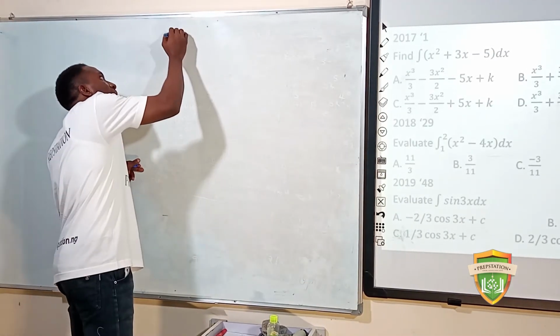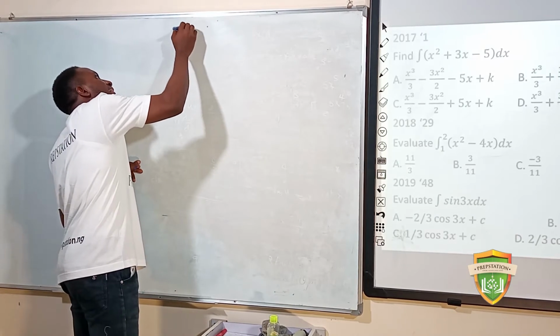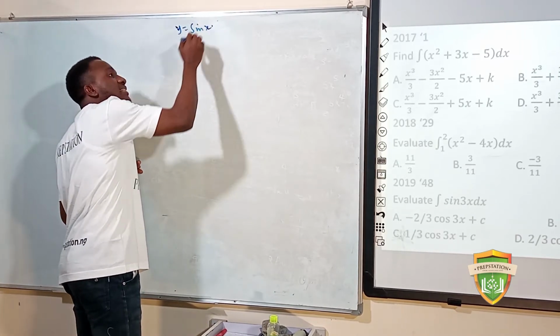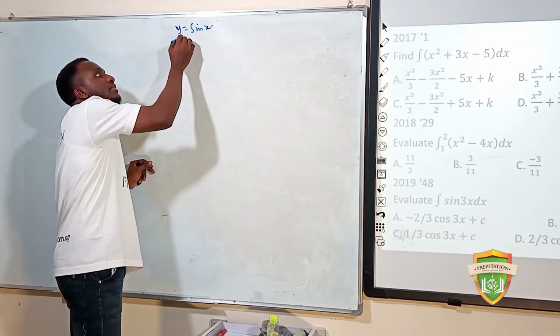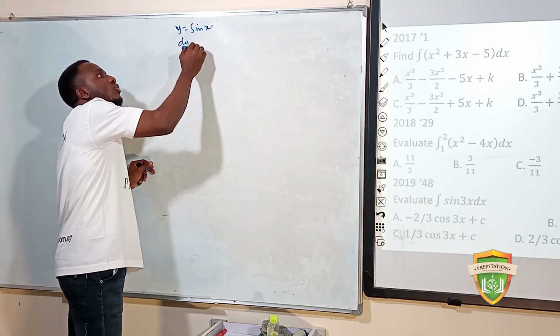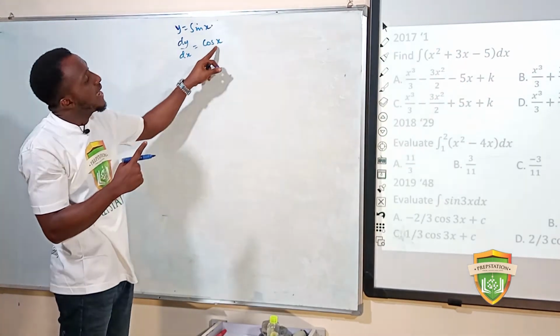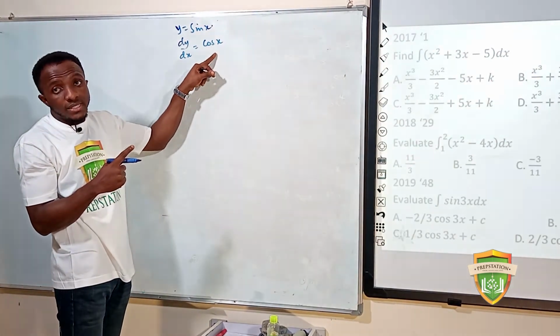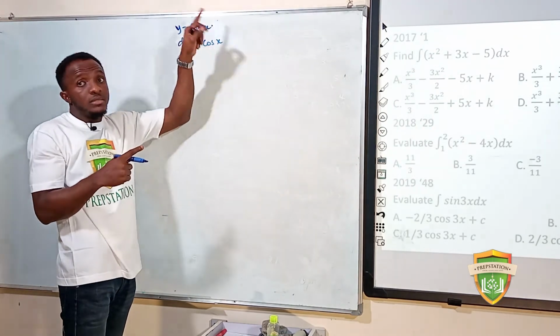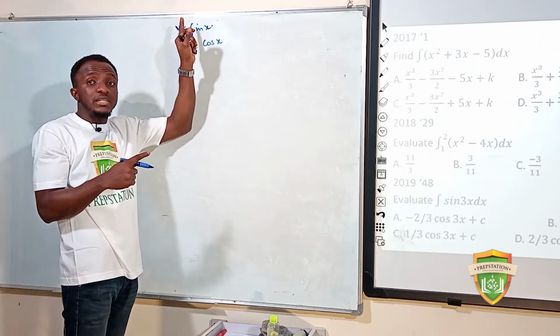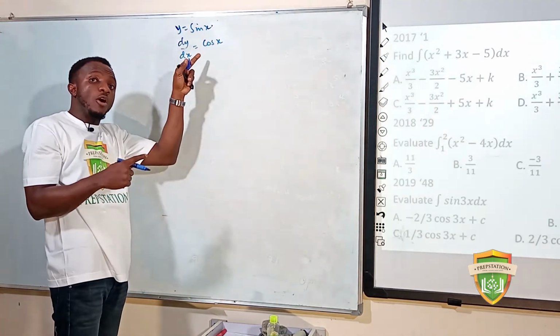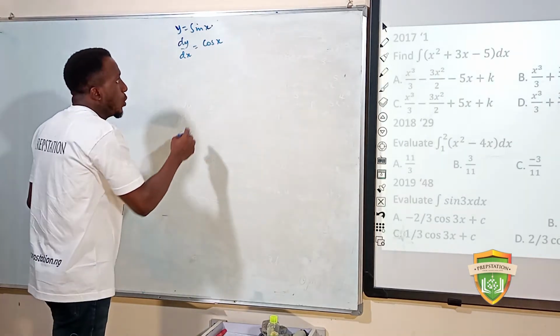Remember I said if y is sine x, then dy/dx is cos x. What this means is that if I integrate cos x, I should get sine x, since integration is the reverse of differentiation.